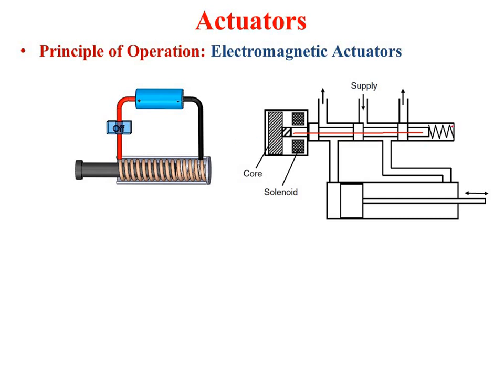Okay, so the spring is connected at this end. So when the current flows through this solenoid, the core will get attracted, and now this is open. So whatever fluid is there will flow out, and this is the supply. So initially that will supply it back to this side.